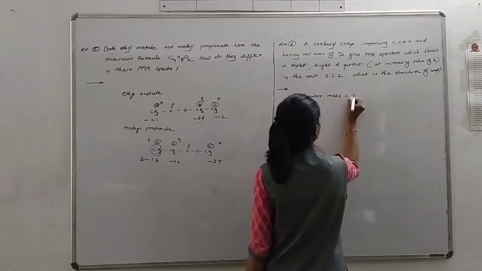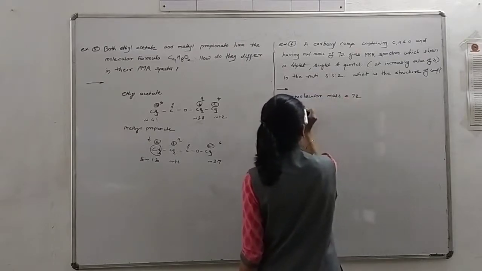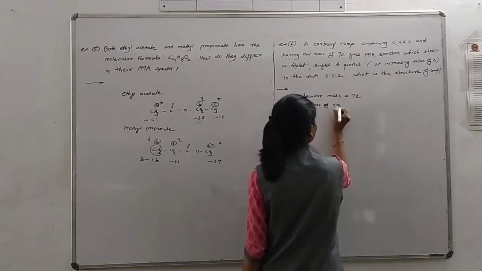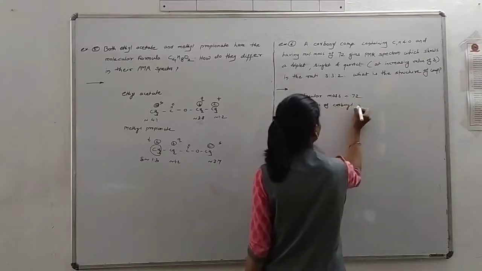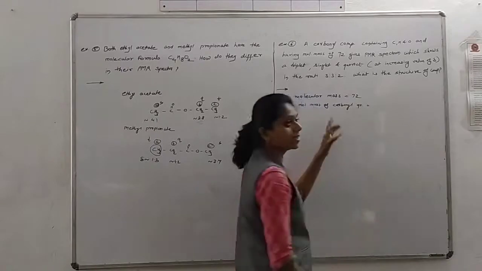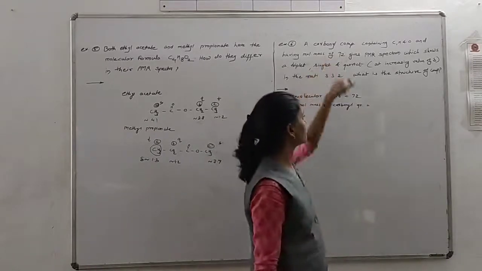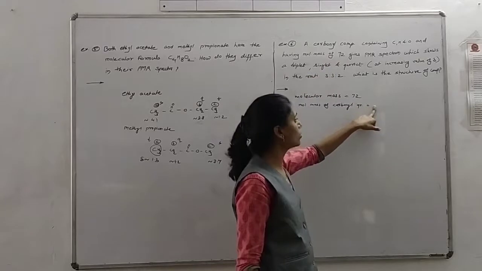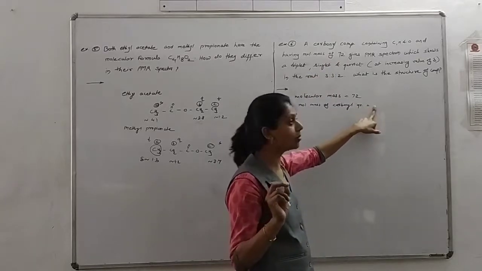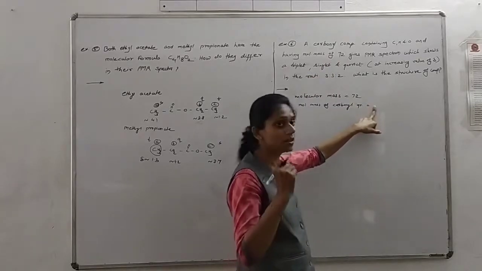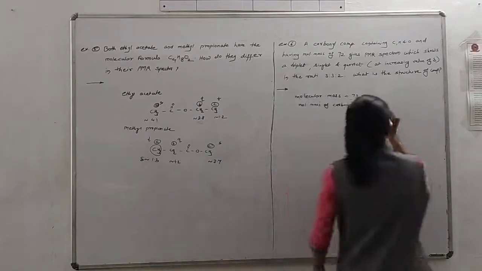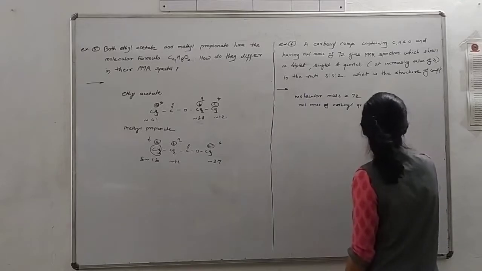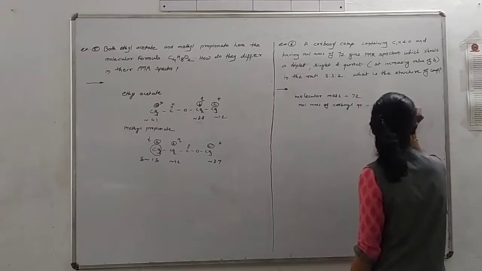So firstly we take the molecular mass of the compound, which is 72, and the molecular mass of the carbonyl group. The carbonyl group is C double bond O, so we must write down the carbonyl group here. What is the molecular mass of the carbonyl group? Carbon has mass 12 and oxygen has 16. Total mass is 12 plus 16, that means 28.